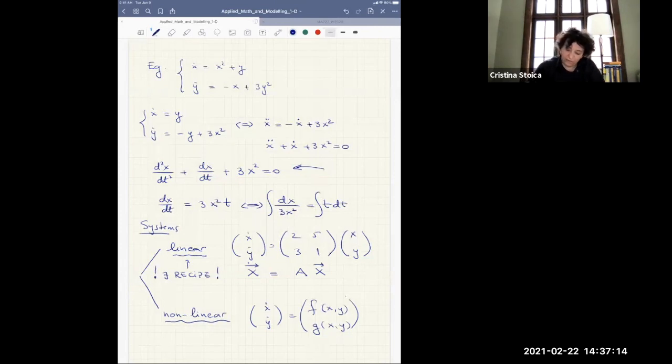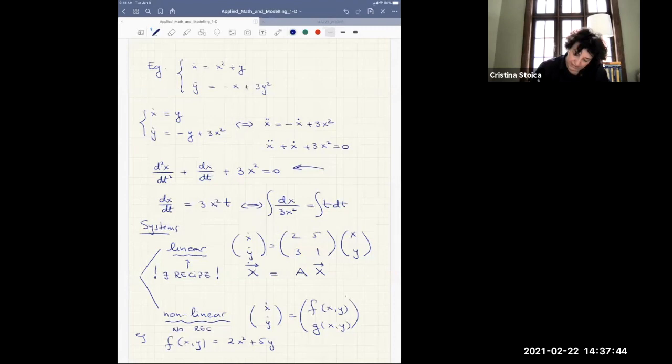This f and g could be, it's not just, I don't know, 2x plus 5y. It could be 2x squared plus or minus 5y, or plus y. And it's just done. It's nonlinear. The square just blows everything away. There is no recipe.